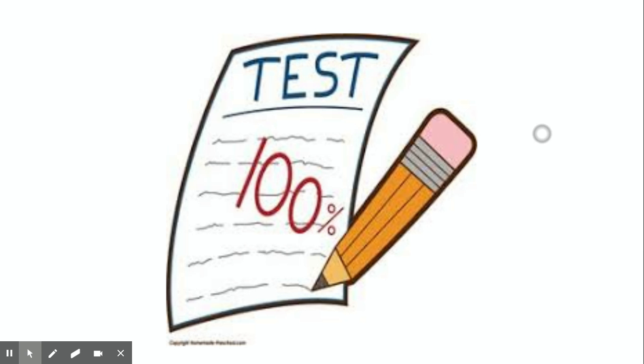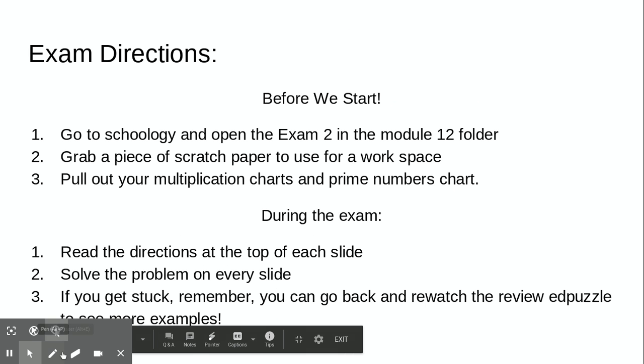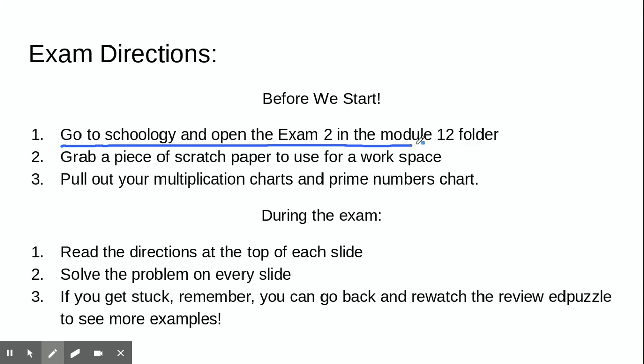So I'm just going to go over the directions for our exam. Before we start our exam, we are going to go to Schoology and open the exam, which will be found in Module 12. Then step 2, you're going to grab a piece of scratch paper to use for your workspace.